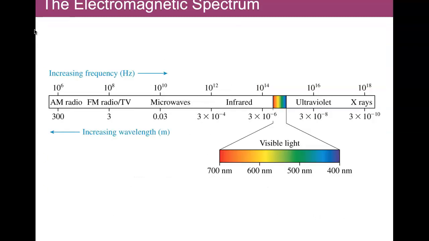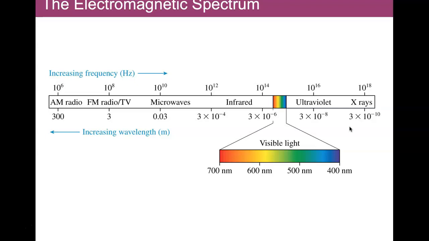Anyways, so light can be thought of as one small part of the full spectrum of electromagnetic waves. So our eyes, human eyes, are able to see a certain range of wavelength from, let's say, 700 nanometers to 400 nanometers. So 400 would be kind of dark violet, and 700 would be red.